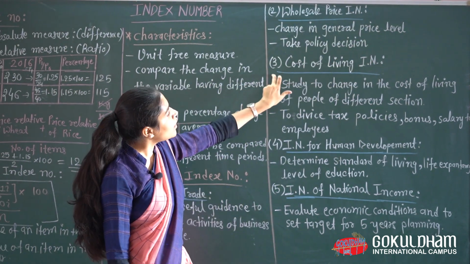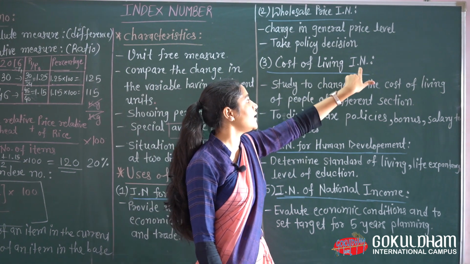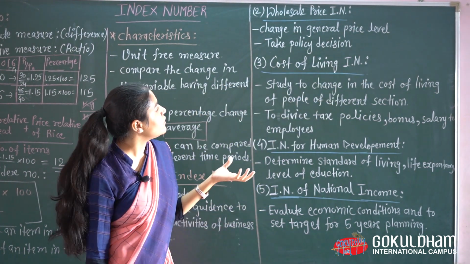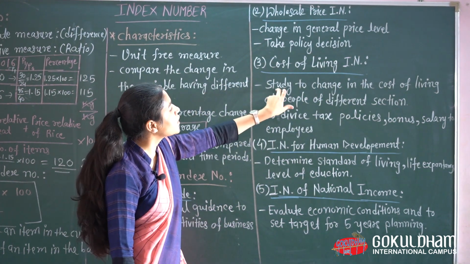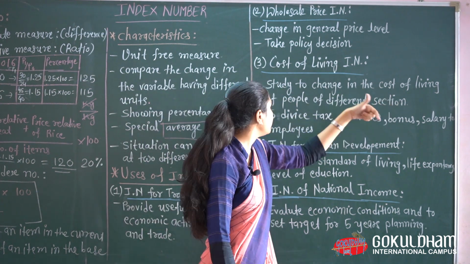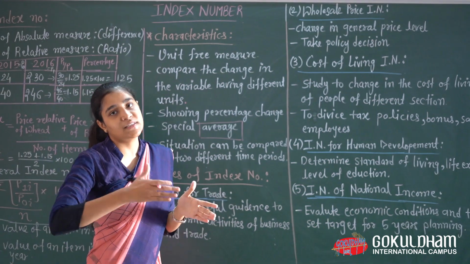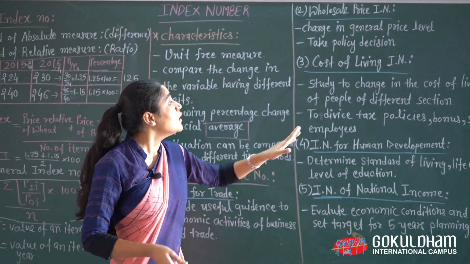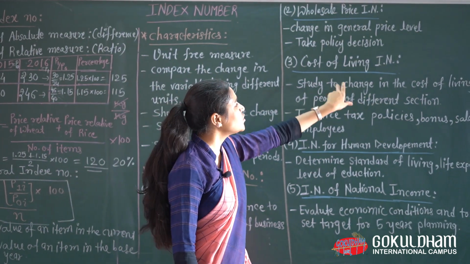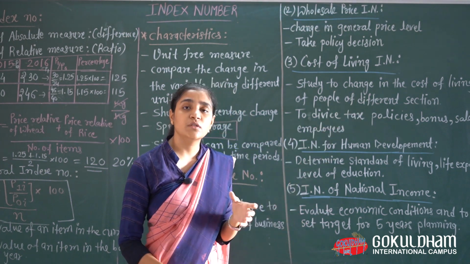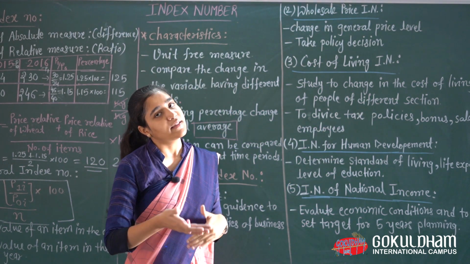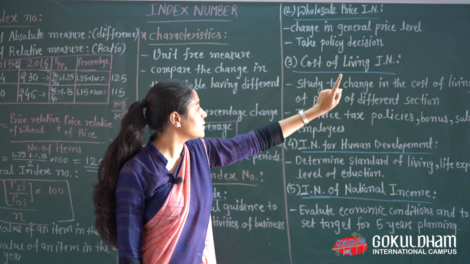Okay, now the third point is cost of living index number. Cost of living, that means it is useful to study the change in the cost of living of people of different sections. That means in our country, people living in different sections, it is important to study the change in cost of living. That means their cost of living we can find by this index number.